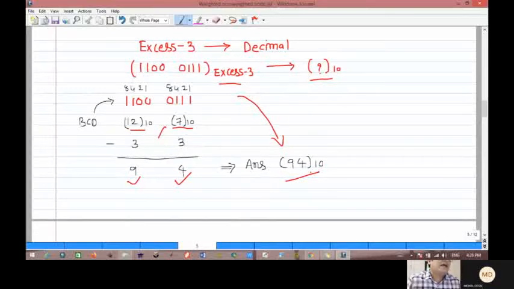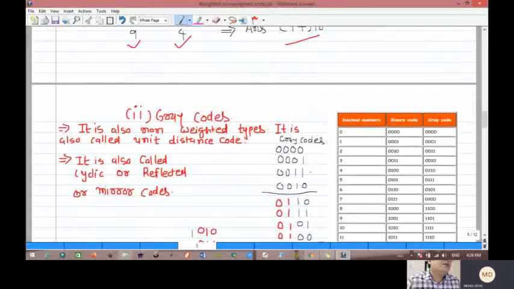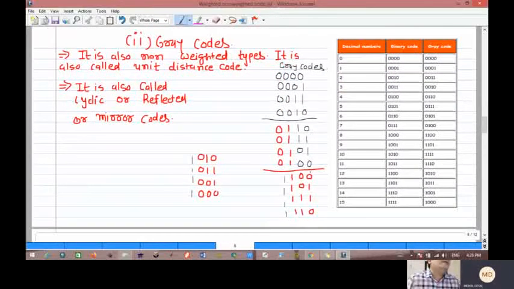Now the next non-weighted code is called the Gray code. Gray code is also a non-weighted code, no specific weight is given. It is also called a unit distance code because only one bit changes at a time. It is also called a cyclic, reflected, or mirror code. Why is it called a mirror code?